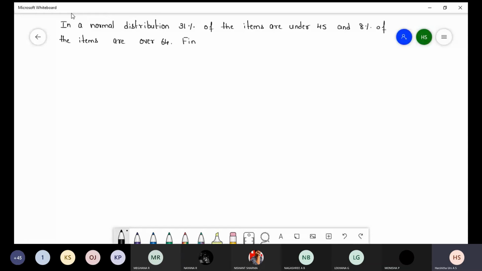Find the mean and standard deviation. So here they have not given the mean and standard deviation, but they have defined the values.